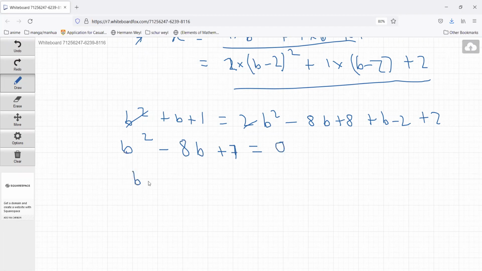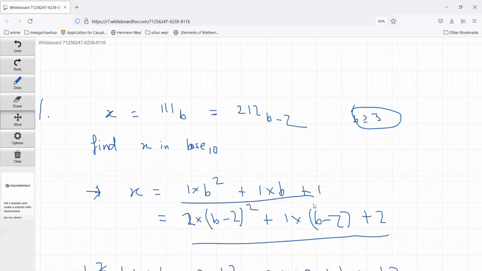This is (b minus 7)(b minus 1), so this gives us b is equal to 1 or 7.